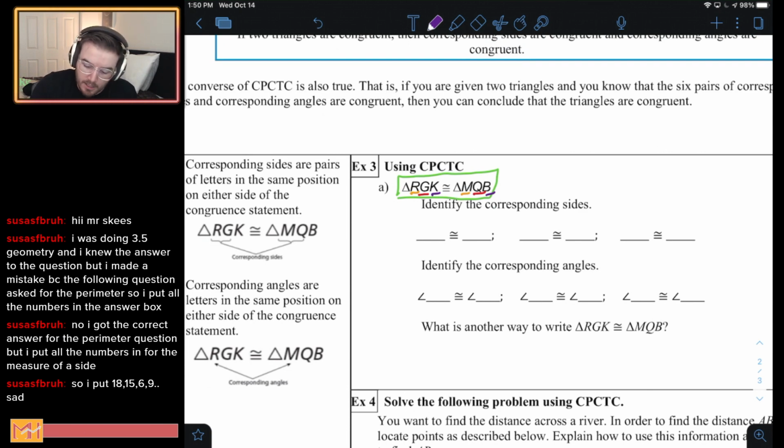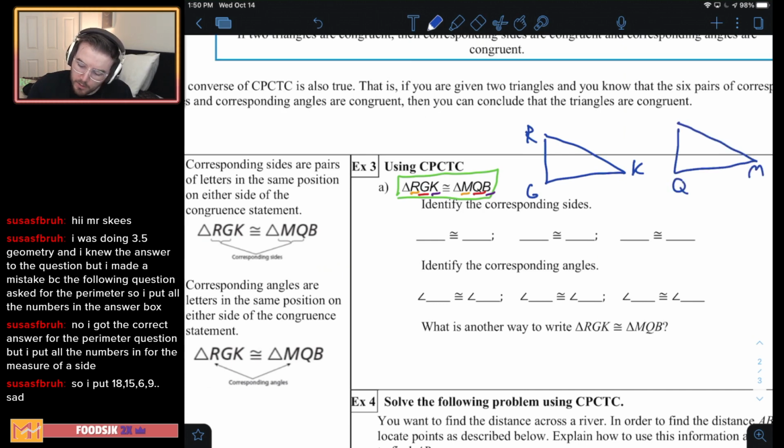It's not just, here's triangle RGK, and here's triangle MQB. Did I draw it right? No, I didn't. How do I know I didn't draw it right?